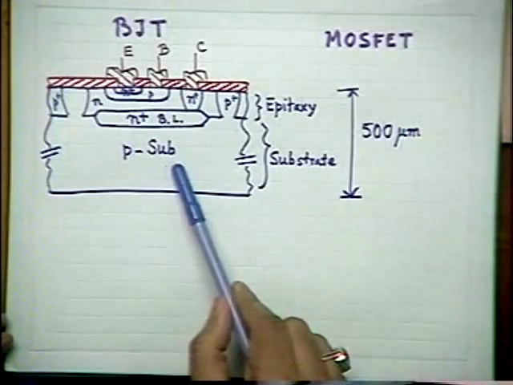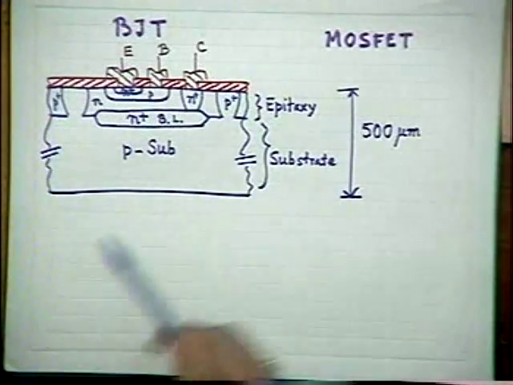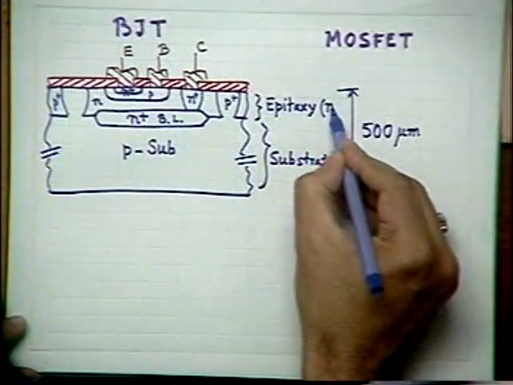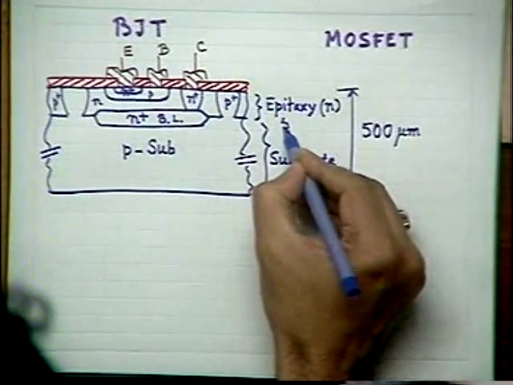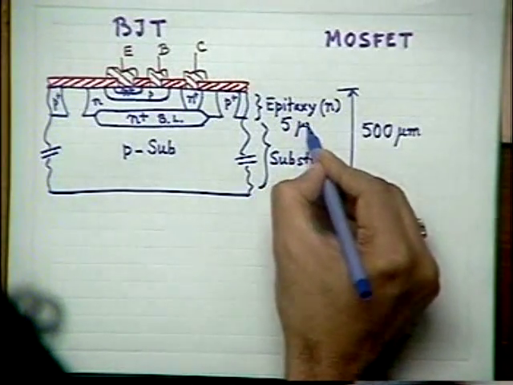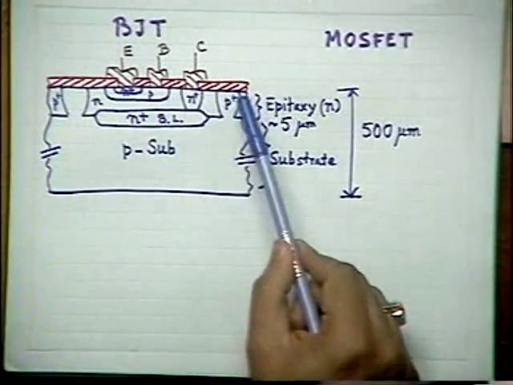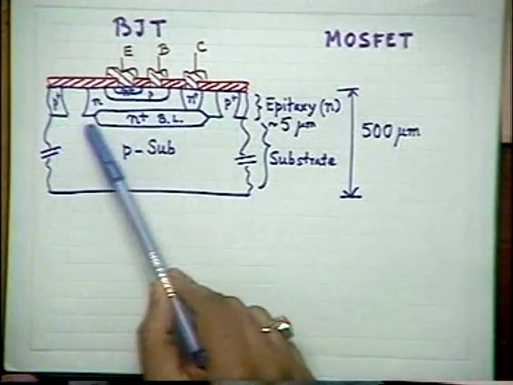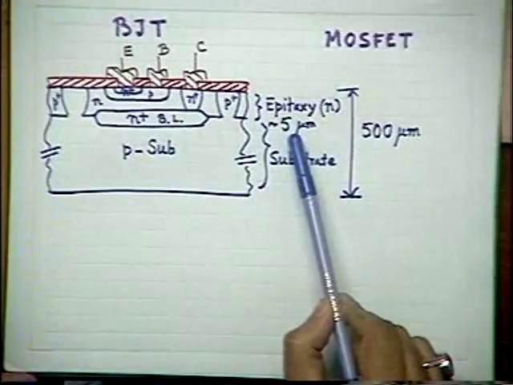On the top of this p-type substrate there is an epitaxial film, which is N-type and has a very small thickness, maybe of the order of 5 micron. The thickness of this epitaxial film, which is grown on this p-type silicon substrate, is around 5 micron.